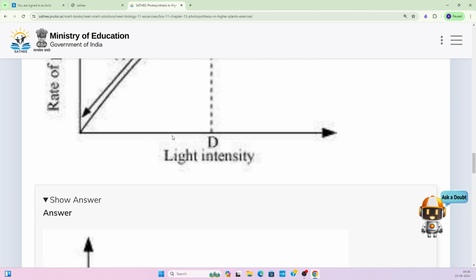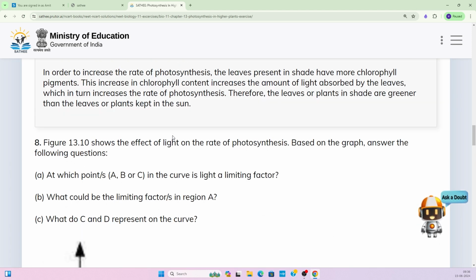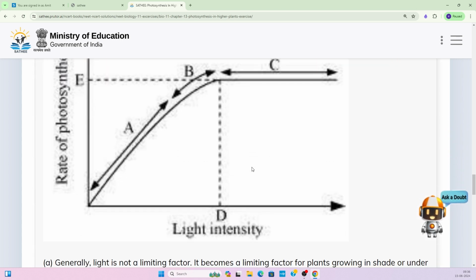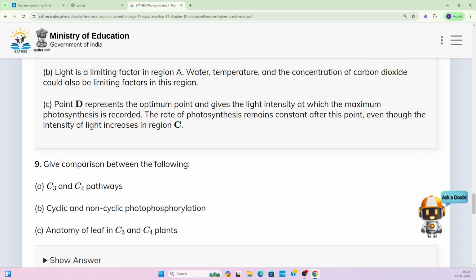The next question is, what do C and D represent on the curve? Point D represents the optimum point and gives the light intensity at which the maximum photosynthesis is recorded. So D is representing the optimum point. This is the point at which the maximum rate of photosynthesis is observed.